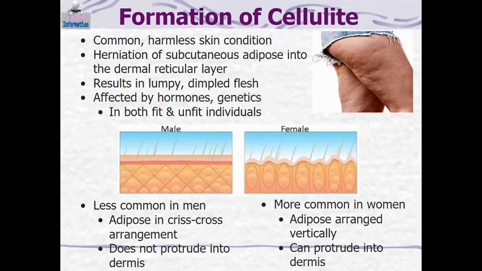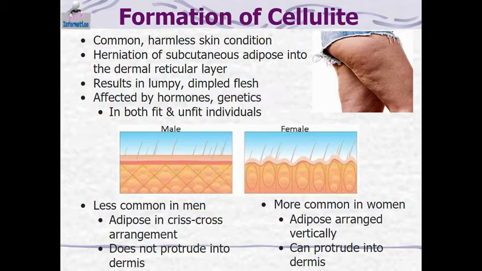And as that fat is getting pushed up into the dermis, externally it looks like lumpy and dimpled skin. It's affected by hormones and genetics. And it doesn't matter how fit or unfit or healthy or unhealthy you are, it can occur in everyone.